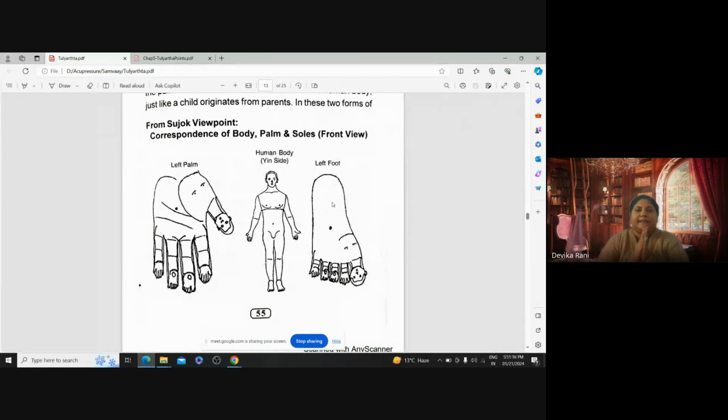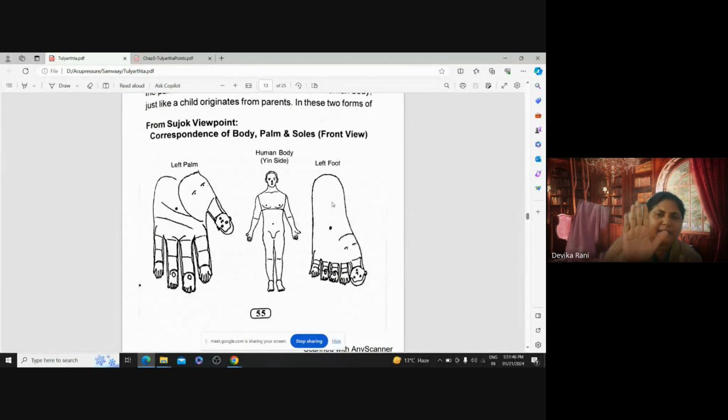Now, that could lead to confusion during treatment, because when you talk about liver, it's on the right side of the body, and when you come to your right hand, you can see my right hand.